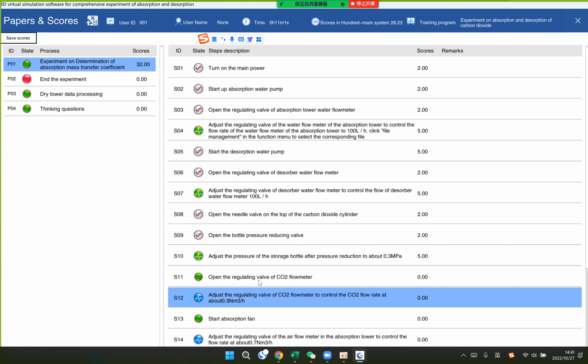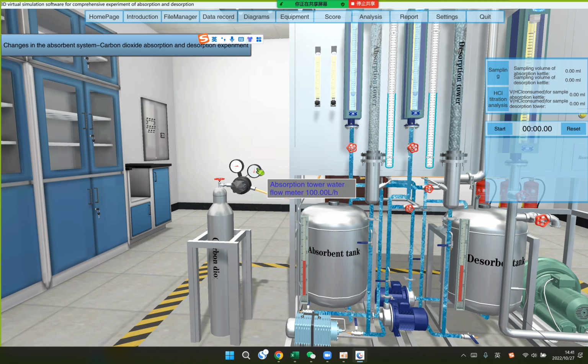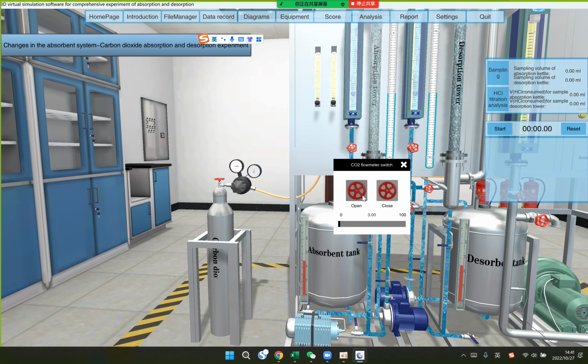No, I'm sorry, I made it wrong earlier. So this one is only for 0.3 million Pascal. And if we want to control the flow rate for the carbon dioxide, we have to use this valve. Use this valve to make sure the flow rate is 0.3.